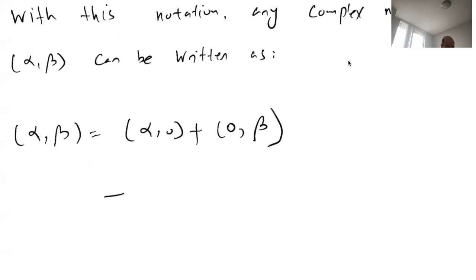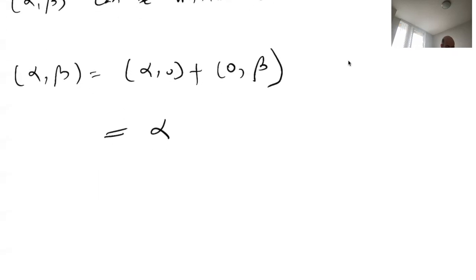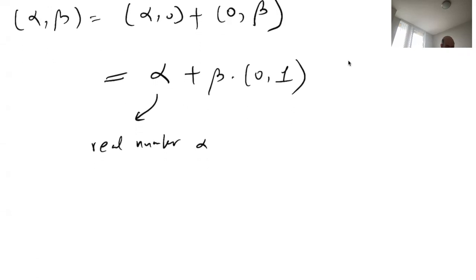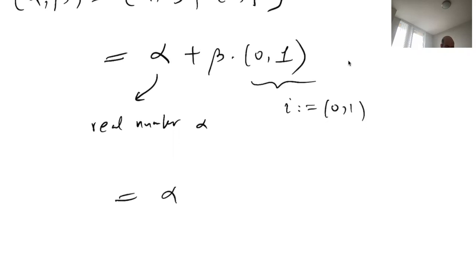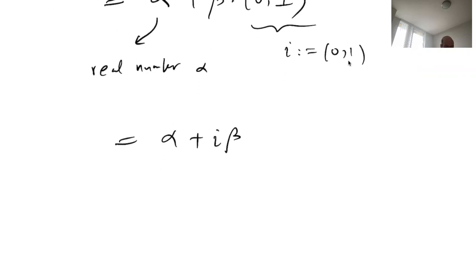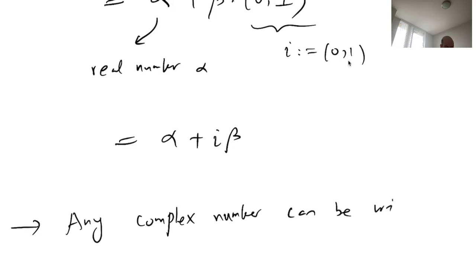Alpha and 0 is the same as the real number alpha. And then I can write plus beta times 0 and 1, and 0 and 1 means the complex number i. So we can write it as alpha plus i beta.